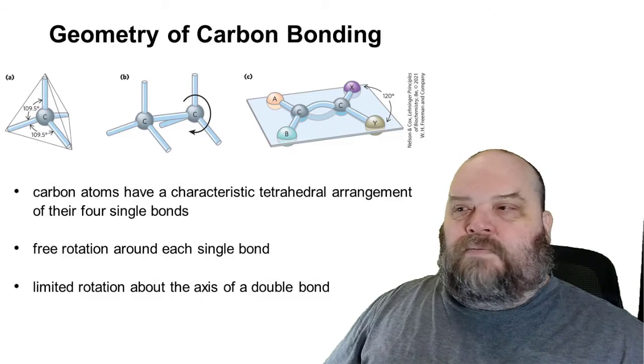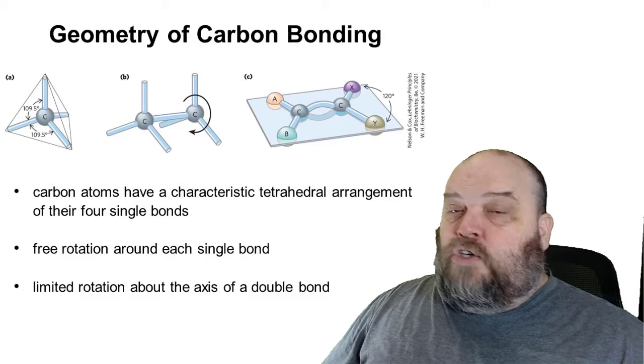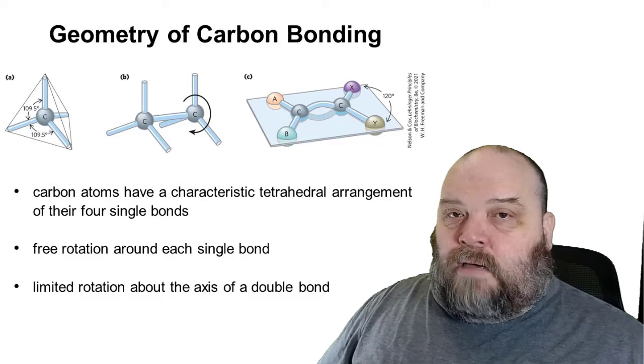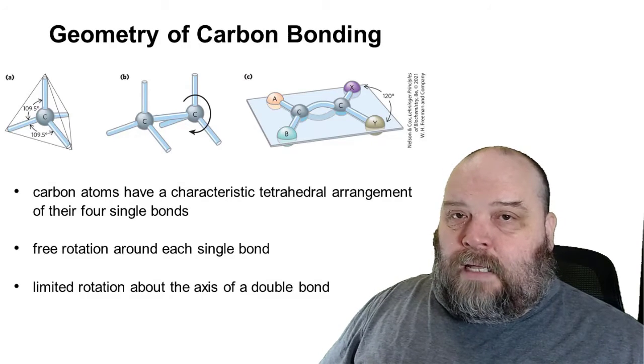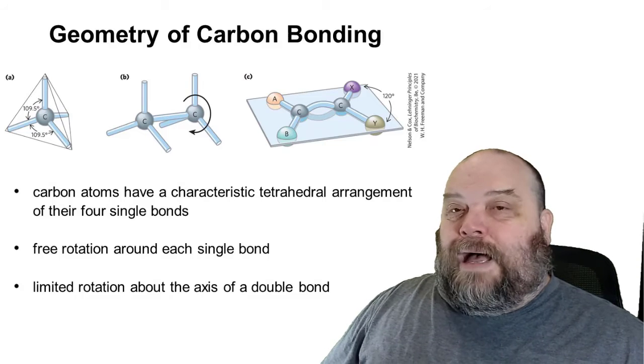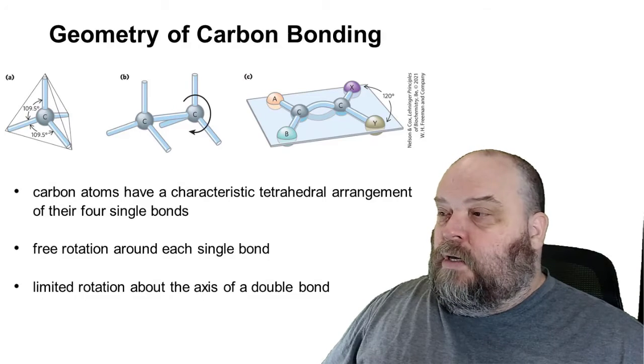Shape dictates function. The change in the shape here is going to be due to the number of carbon-carbon bonds. Notice the bond angles. The bond angles are very important.